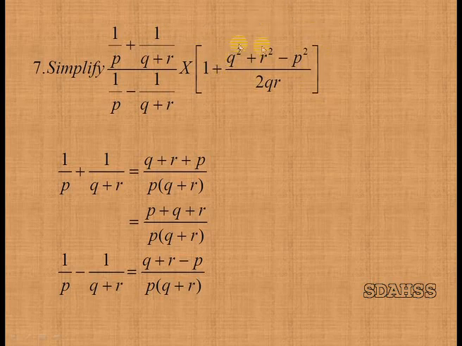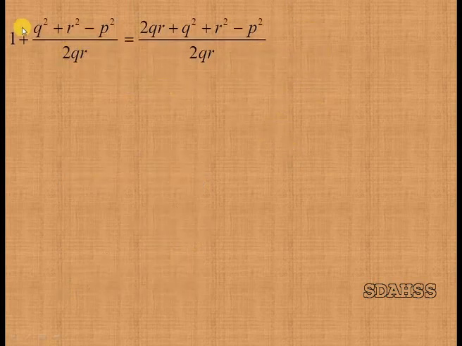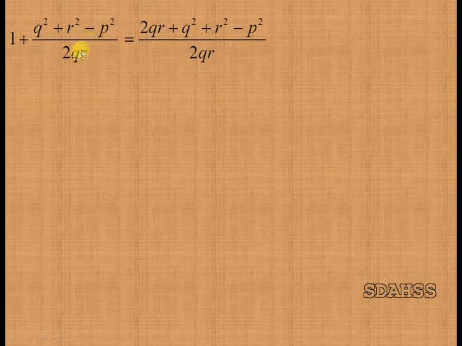Now consider this term, 1 plus q square plus r square minus p square divided by 2qr. Take the LCM, 2qr. Cross multiply: 2qr plus q square plus r square minus p square.